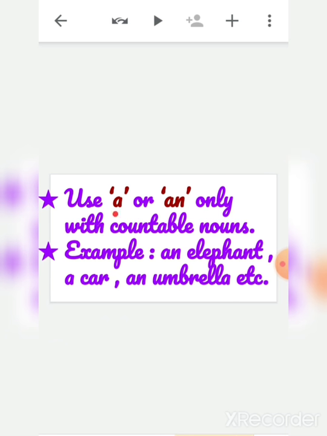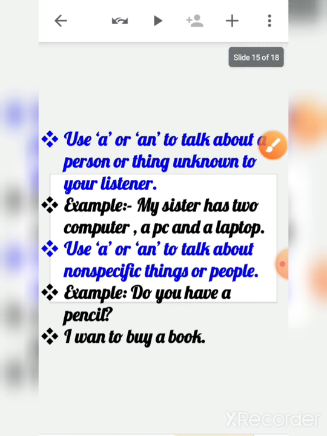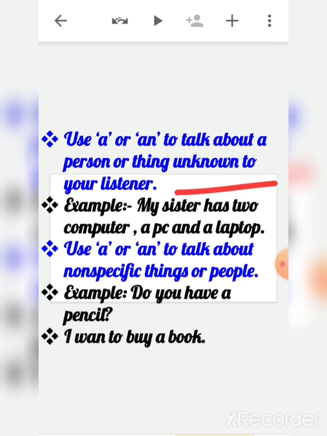So use a or an only with countable nouns, which can be counted using numbers, and we use a or an to talk about a person or thing unknown to your listener. We use a or an to talk about non-specific things or people, that is common things.